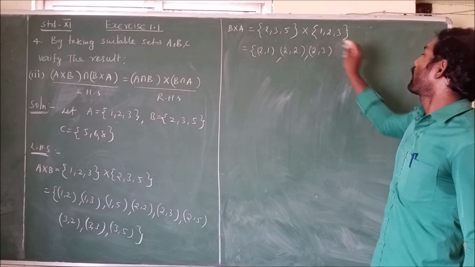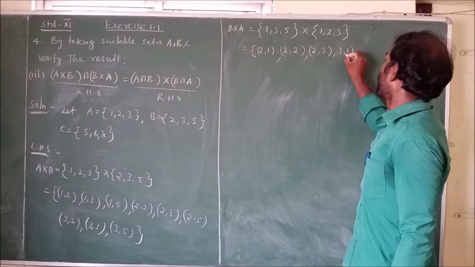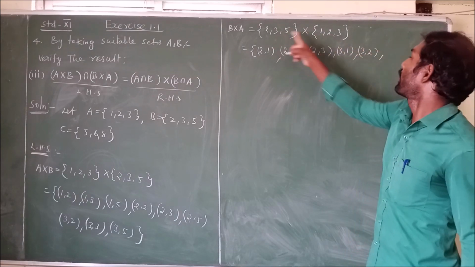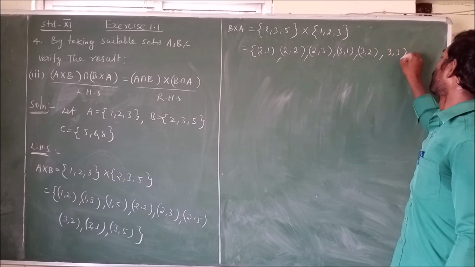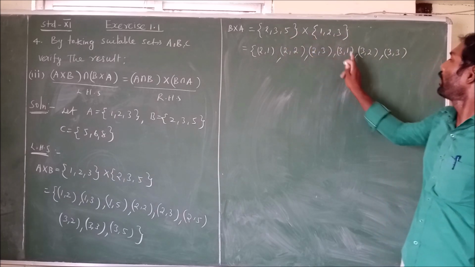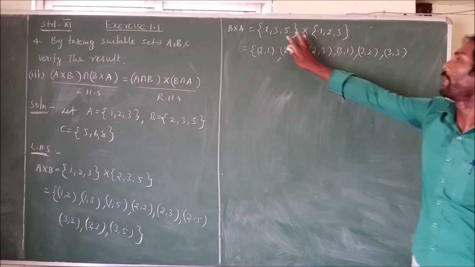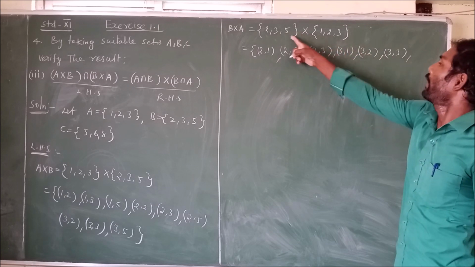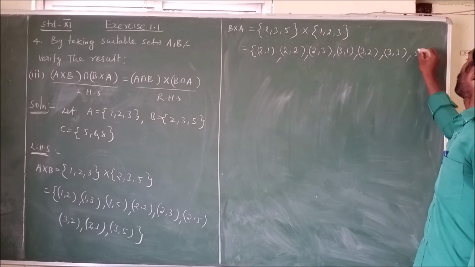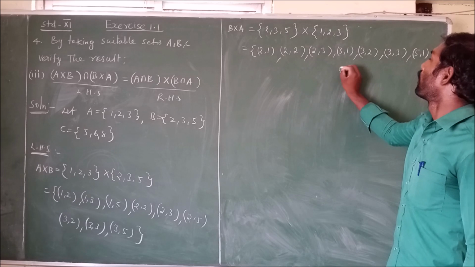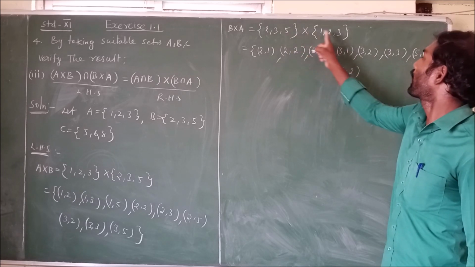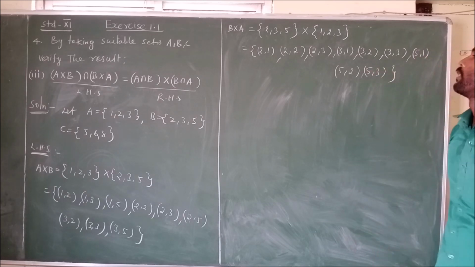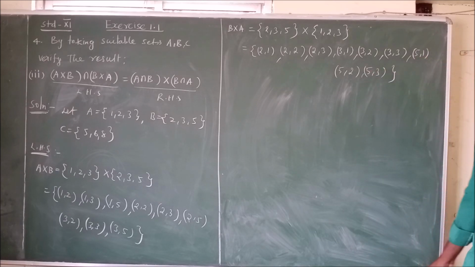Second entry 3: (3, 1), (3, 2) and (3, 3). Third entry 5: (5, 1), (5, 2) and (5, 3). This is B cross A.